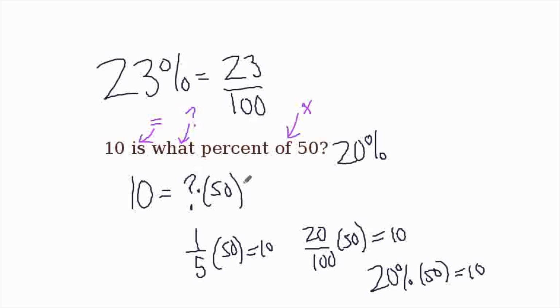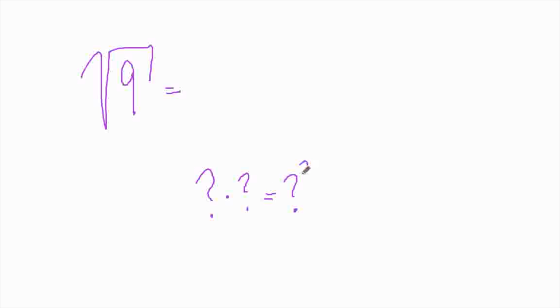Now, the last thing I want to talk about in this video is what roots are. When I write something like the square root of 9, what I'm asking for is, can you give me a number that, if I multiply that number by itself, I get 9? Mystery number multiplied by mystery number. You may recall that is the same as taking some number and squaring it, putting a little 2 exponent.